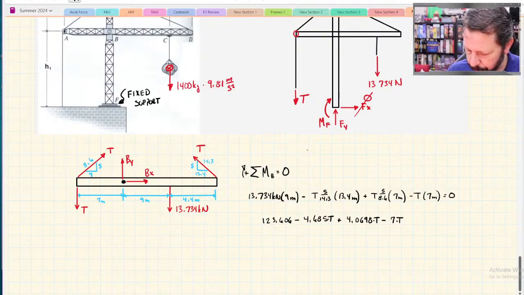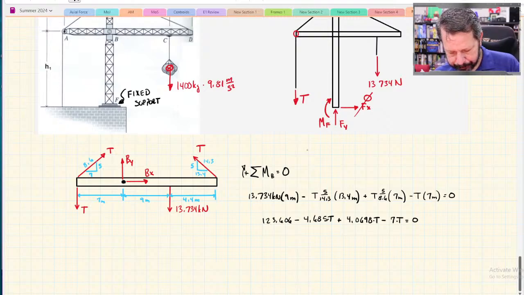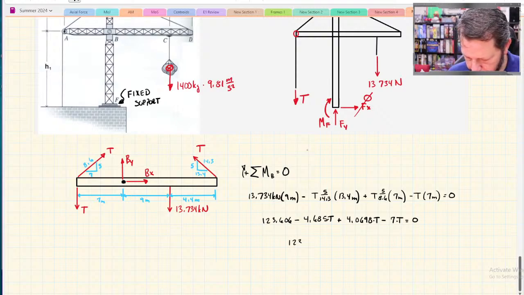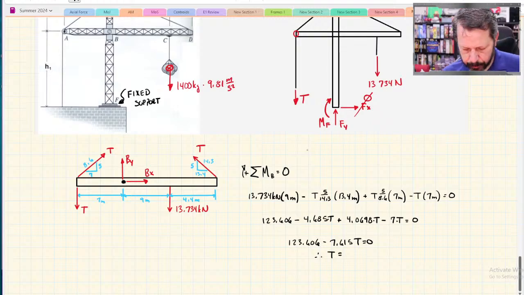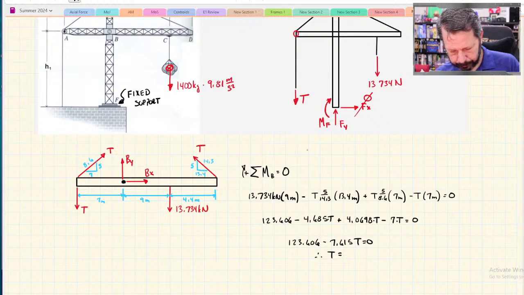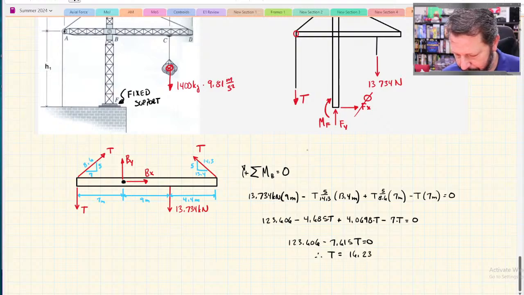Okay, we're closer. Let's combine all of those t values. I think T is 16.23.